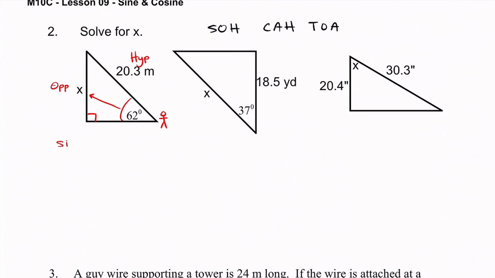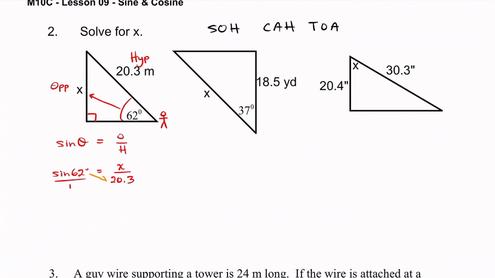So sine theta is opposite over hypotenuse. Okay, and then we just start to fill it in. So sine of 62 degrees equals opposite was x, and then hypotenuse in the bottom is 20.3. And then once we got something like this, you can just put this side over 1, and we're going to use cross multiply, divide to solve.